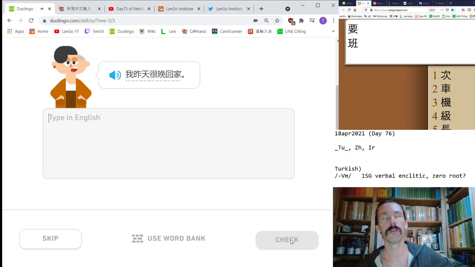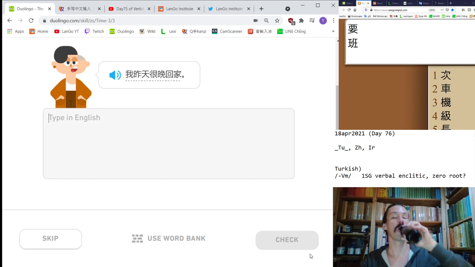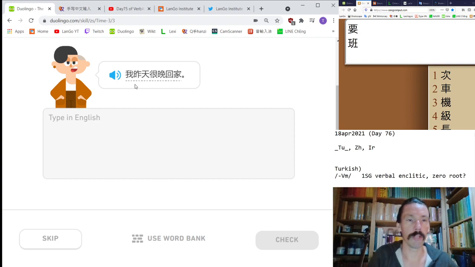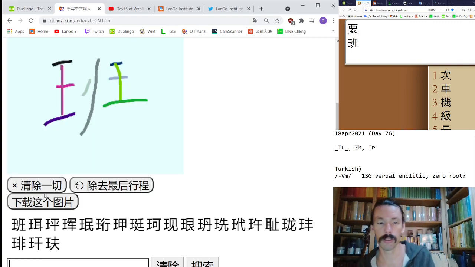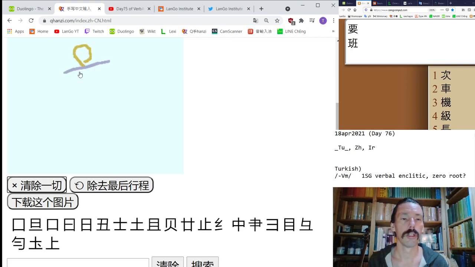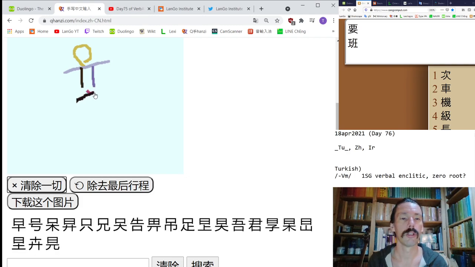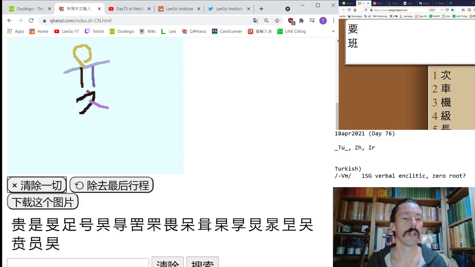我昨天很晚回家。 By the way, we saw an excellent looking Korean syllable in class today, pronounced yut. What's that figure? Okay, looks like gui to this device, and shi.